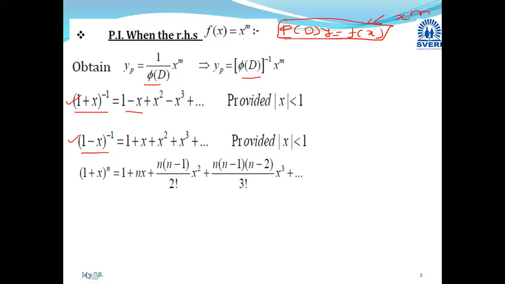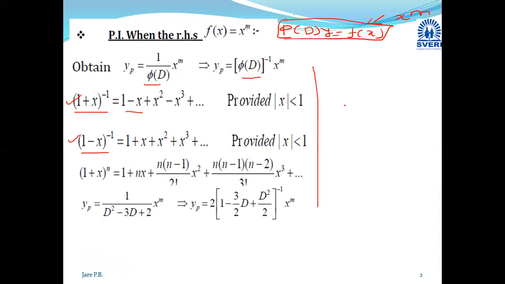Then we see one general example: yp is equal to 1 upon D square minus 3D plus 2, into x raised to m. How do we solve it? Let's convert it like this.